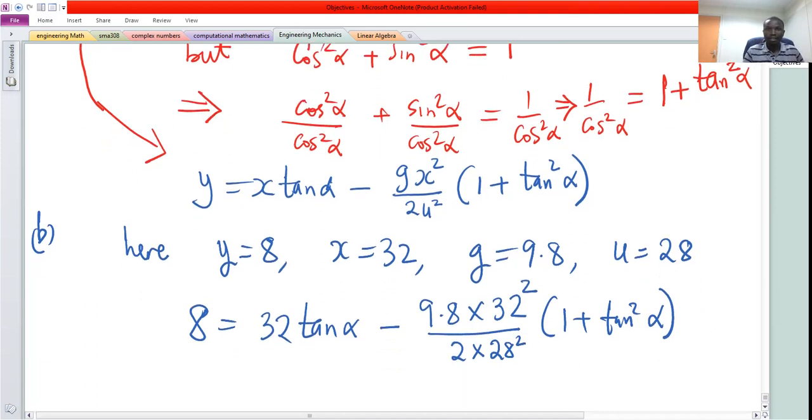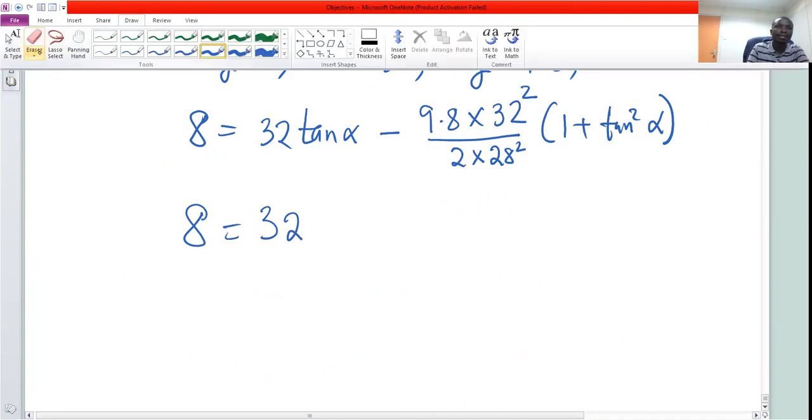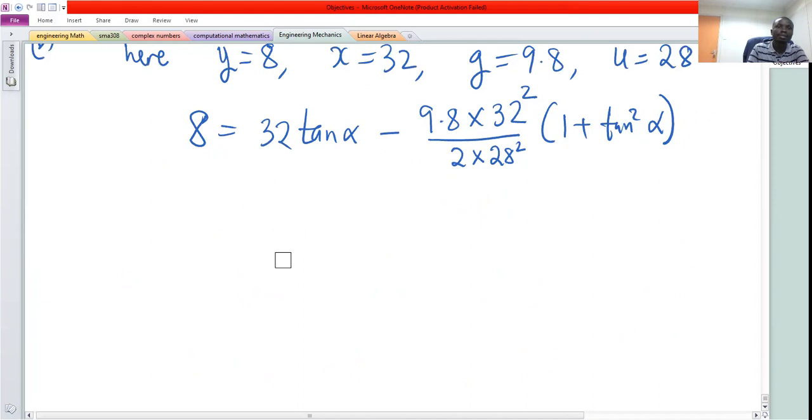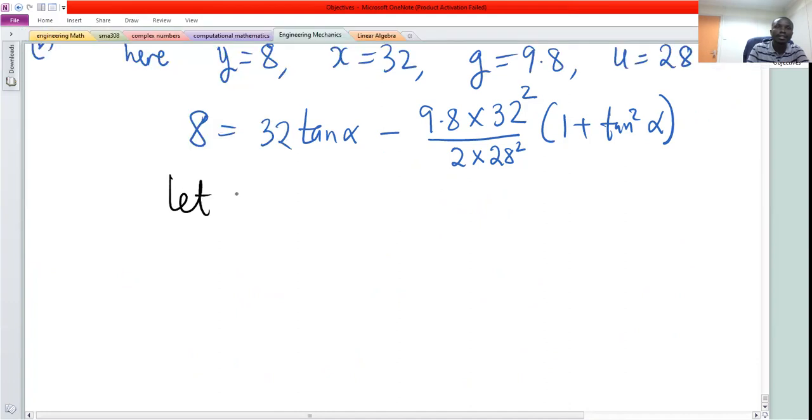So let's simplify this. Actually, to make our life easier, we can fix tan alpha to be a given letter. So for convenience, let T be tan alpha.